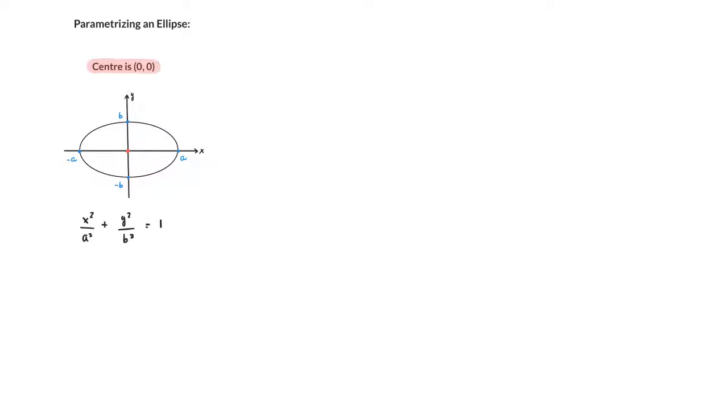I also want to make a note here about the intervals where x lies and the interval where y lies. So I noticed that x ranges from negative a to a, and y ranges from negative b to b. So I want to note that negative a is less than or equal to x, less than or equal to a, and negative b is less than or equal to y, less than or equal to b.